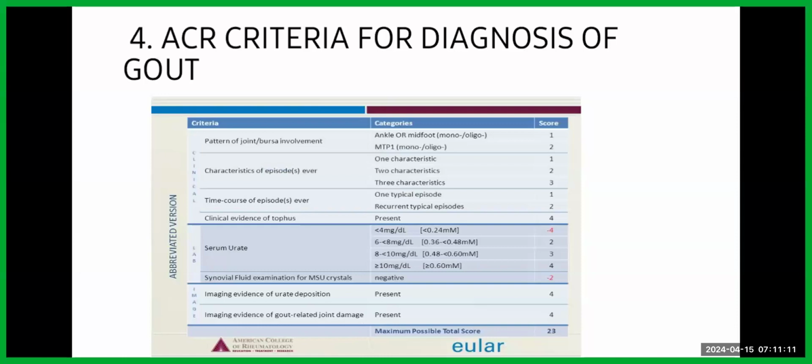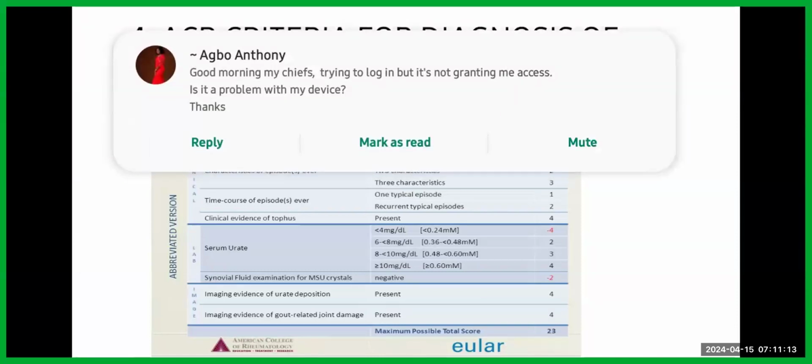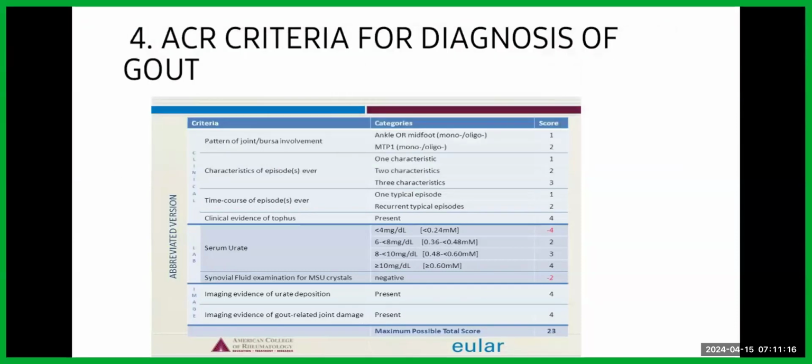Then characteristic episodes: it could be 1 characteristic, 2, or 3, and those characteristics are well highlighted in the other one that I could not get, maybe subsequently. Then the time course of episodes: if it is 1 episode it scores 1, recurrent scores more, because our patient has a recurrent history, 3 previous episodes. So that recurrence is also very important for the diagnosis. Each is given a mark. If you have a total score of 8 or more, you could say somebody has a tentative diagnosis of gouty arthritis.